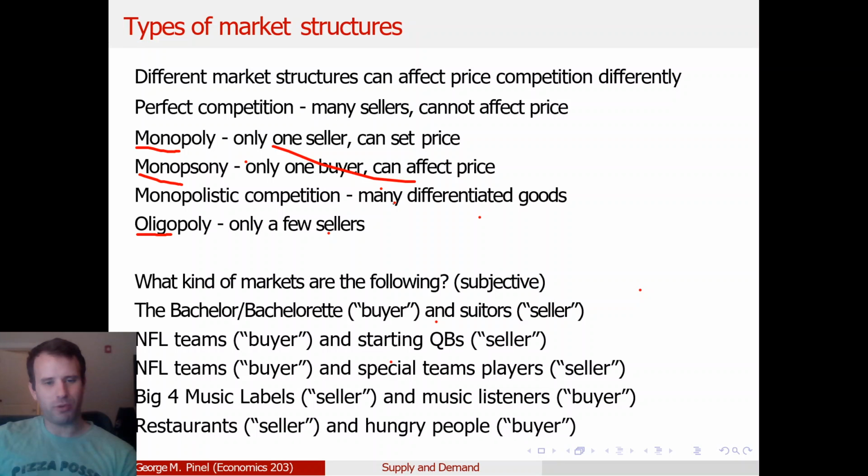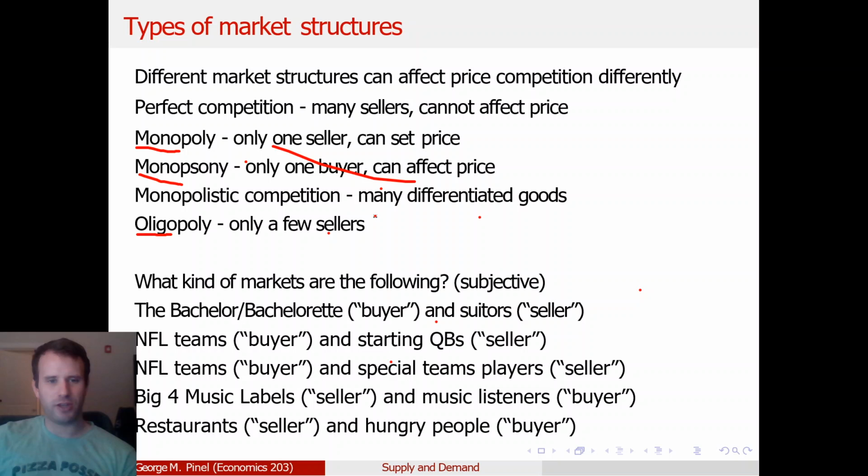Restaurants and hungry people. So if restaurants is the good, food that I want in my mouth is the good, I would consider that monopolistically competitive. The more specific the restaurant becomes, the fewer the number of sellers, basically. So the more restricted the market becomes.